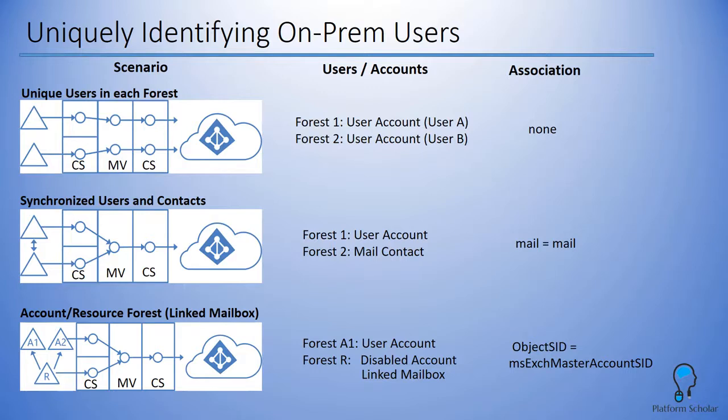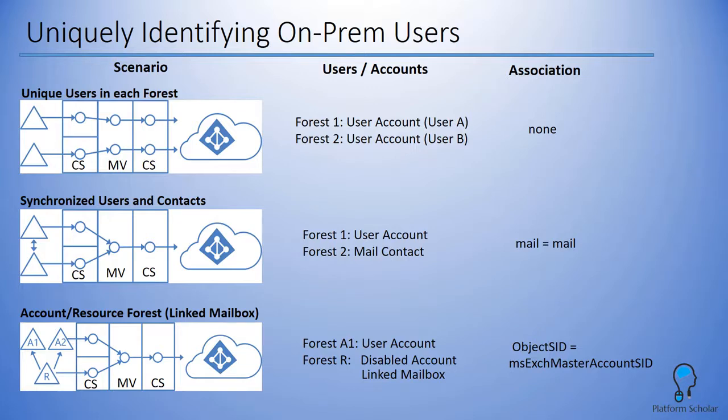As we spoke about in the topology lesson, there are times when you may have duplicate identities in your on-premise multi-forest environments. Sometimes they're a combination of users and contacts, and sometimes they're duplicated user accounts, like in a linked mailbox scenario where one user is disabled in the resource forest and the other is enabled in the account forest.